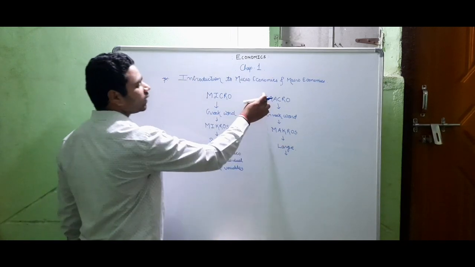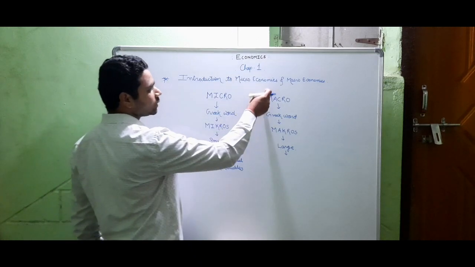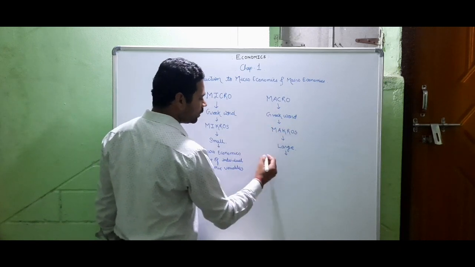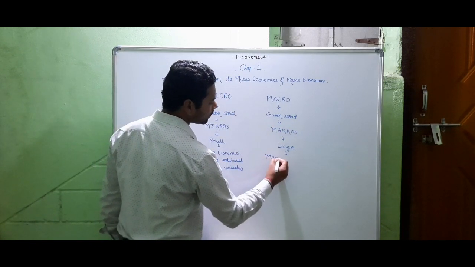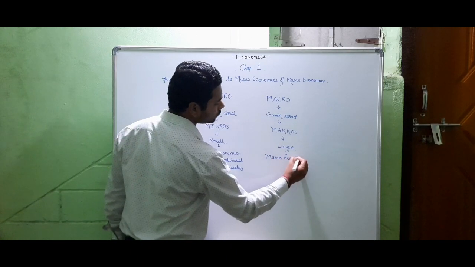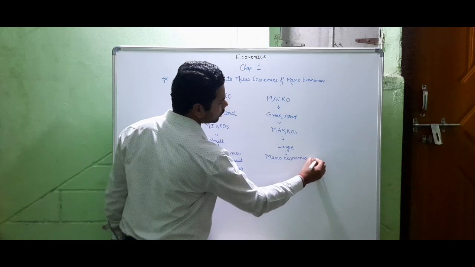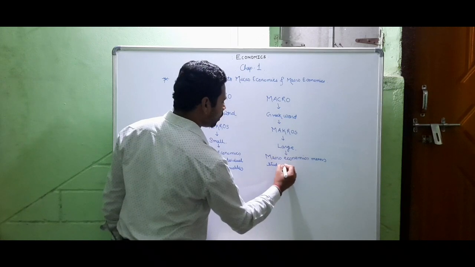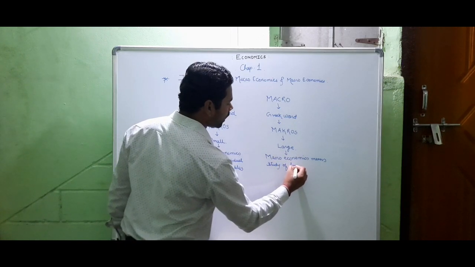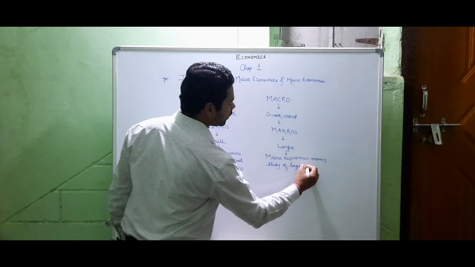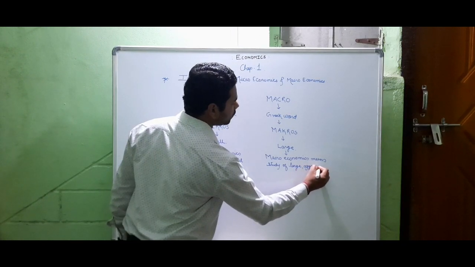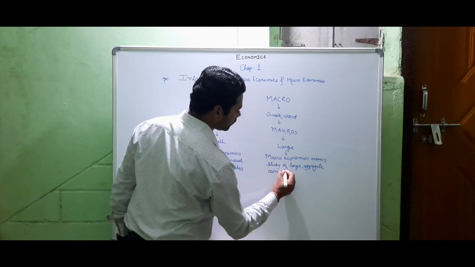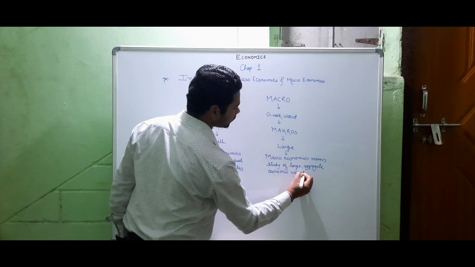On the other hand, we have the word macro. Macro is derived from the Greek word MAKROS, which means large. Considering the same meaning, macroeconomics means the study of large aggregate economic variables.